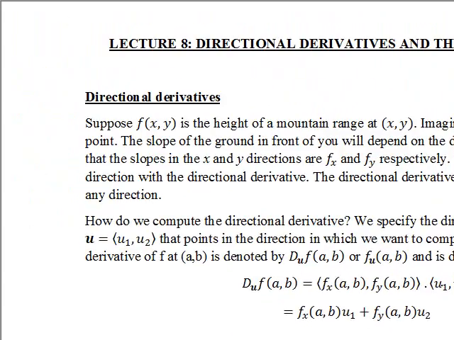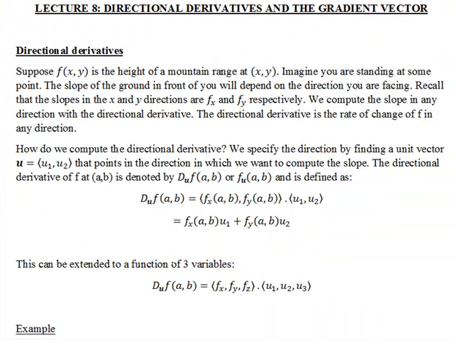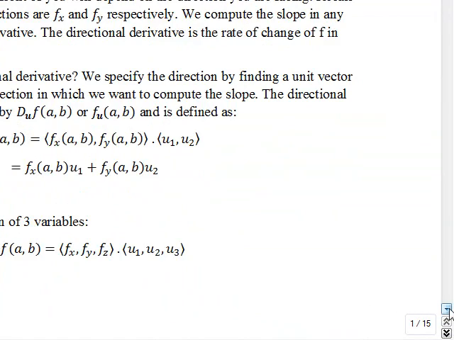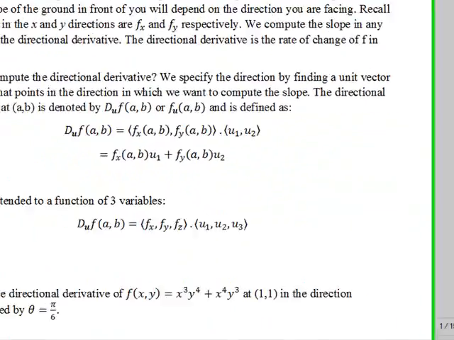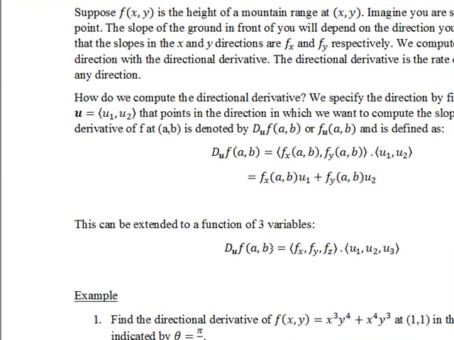And of course, this can be extended to 3 variables. So I need a third coordinate there. Let me go down a bit here. So the directional derivative of f at (a, b, c), because it's 3 variables, right? So you need a third coordinate there.